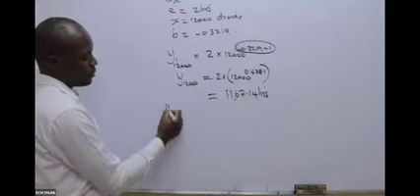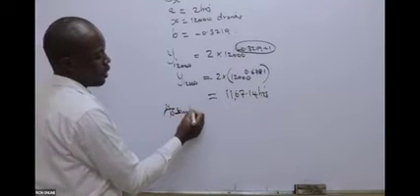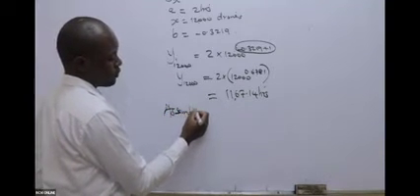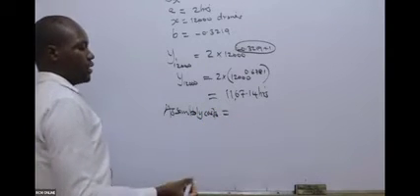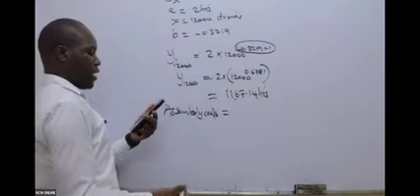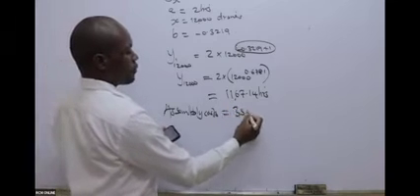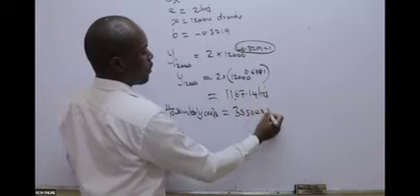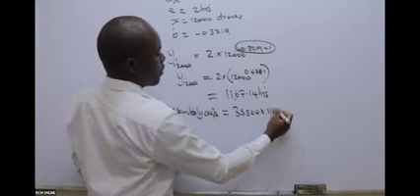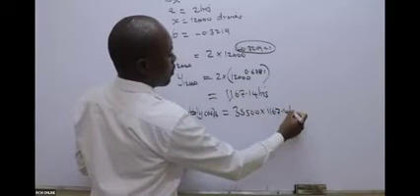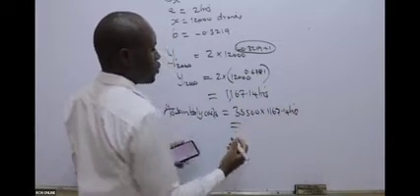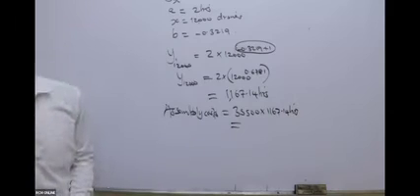Or assembly cost. So assembly cost here, remember they said the assembling cost per hour is 35,500. And of course we have 1167.14 hours. So what is the total assembling cost?